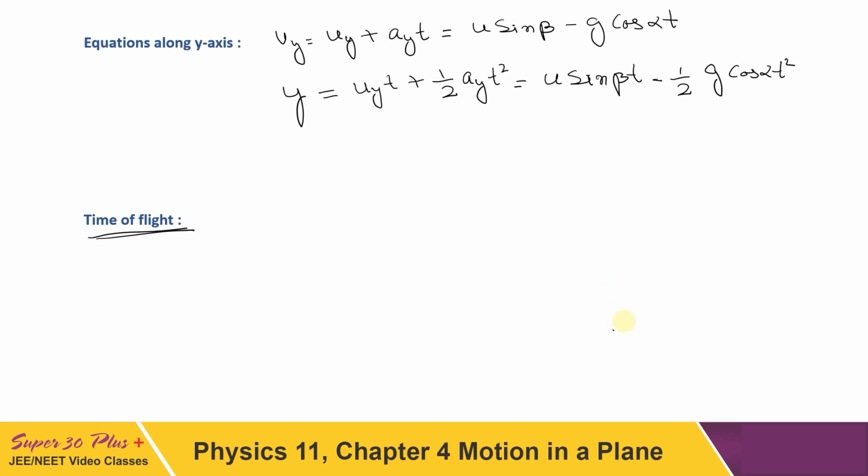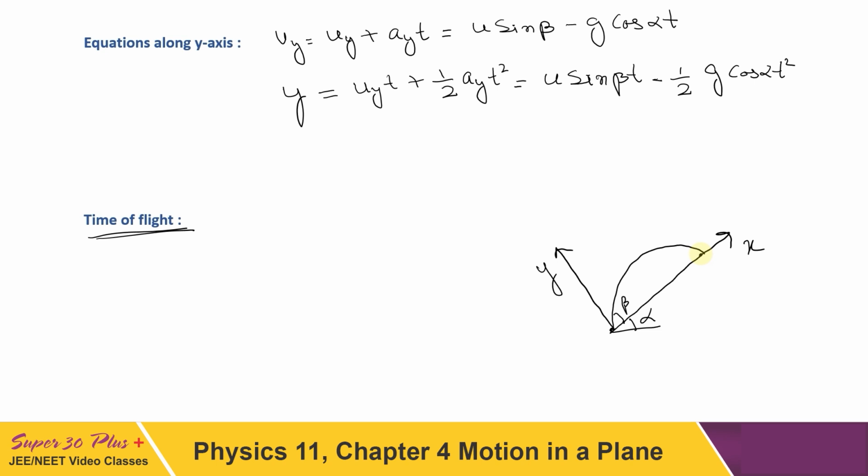Now here, as you can see, this is motion along an inclined plane. So if we take time of flight as capital T, then what about the displacement in the whole journey, that is the time spent T? What would it be? It had started from here and landed again on the same level on the x-axis.